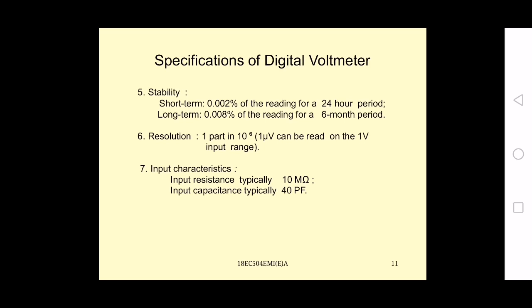That is, you can have readings not only in millivolts but also in microvolts, so even a 1 microvolt change in the deflection on the digital readout can be easily detected by your digital voltmeter. The input characteristics are: input resistance is typically 10 megaohms and input capacitance is 40 picofarads.